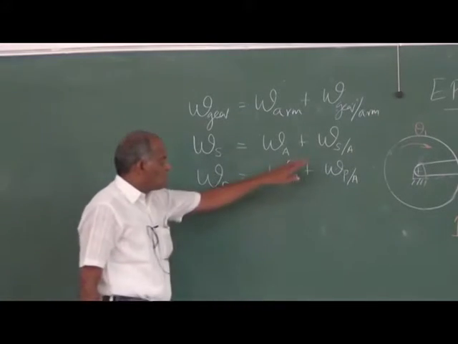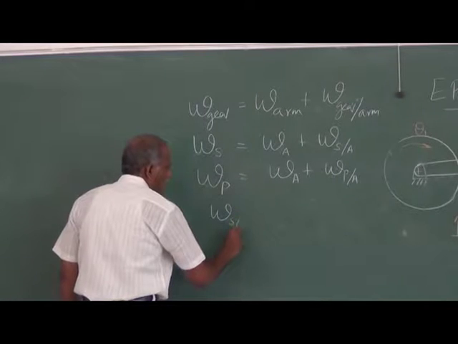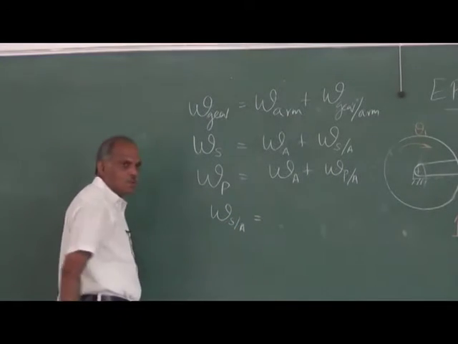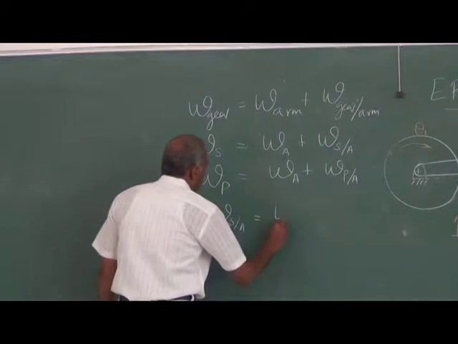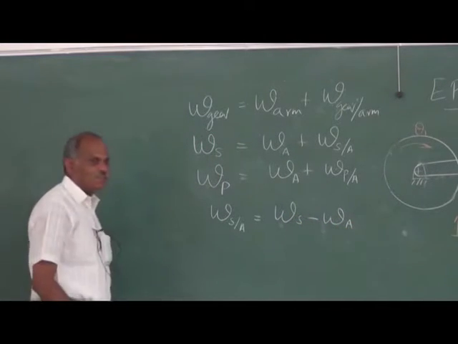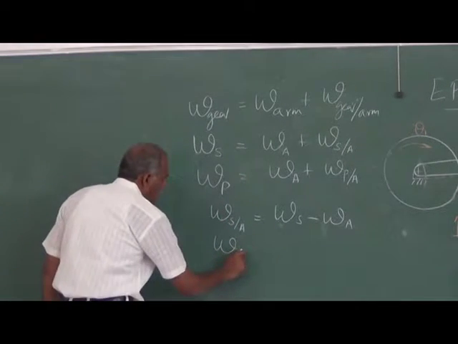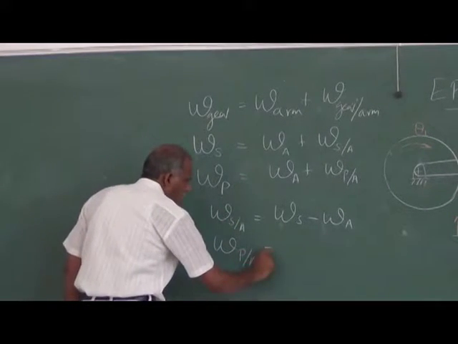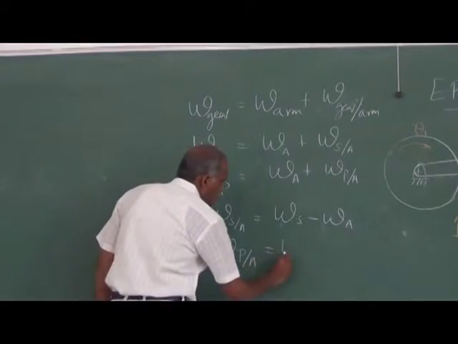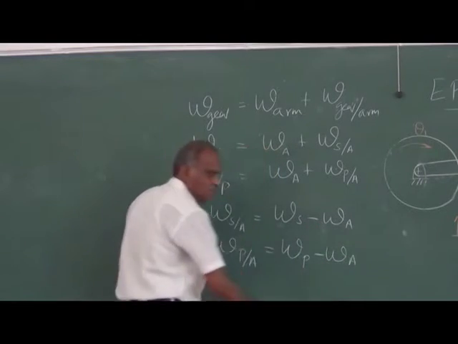So this equation can be written as: the angular velocity of the sun with respect to the arm is equal to the angular velocity of the sun minus the angular velocity of the arm. Then the second equation: the angular velocity of the planet with respect to the arm is equal to the angular velocity of the planet minus the angular velocity of the arm.